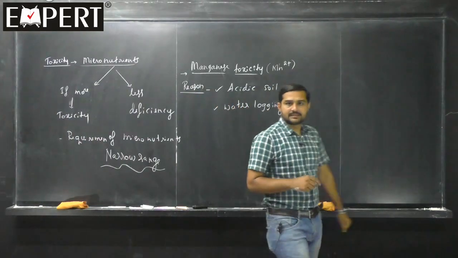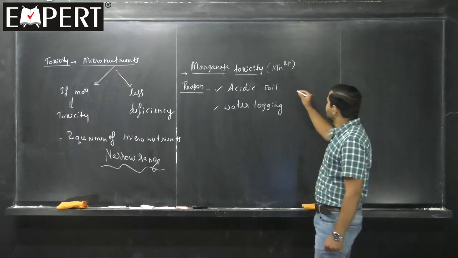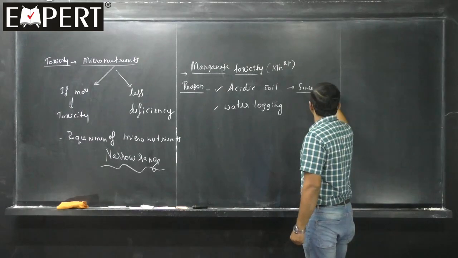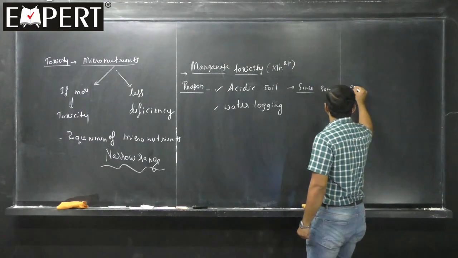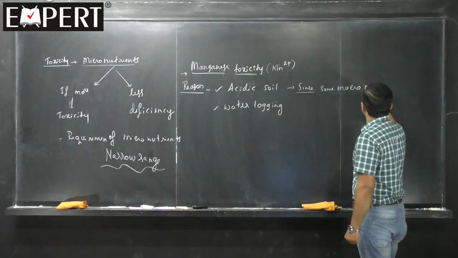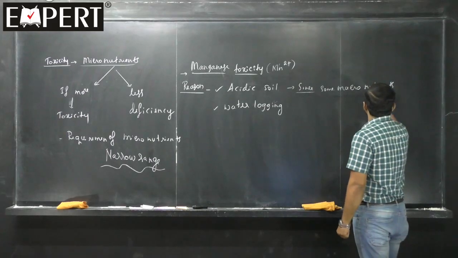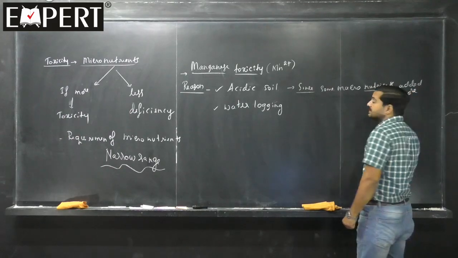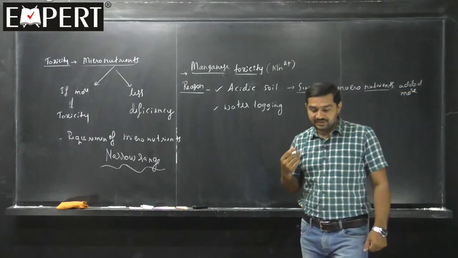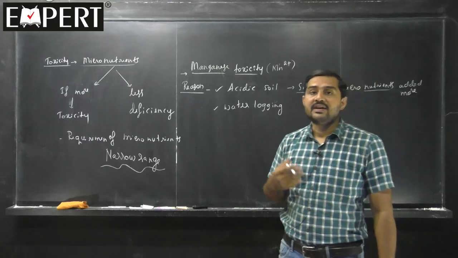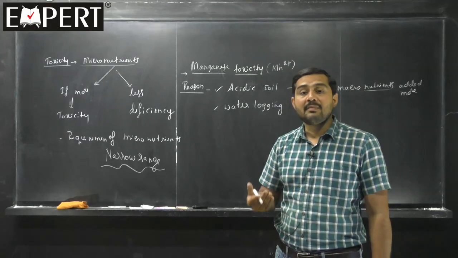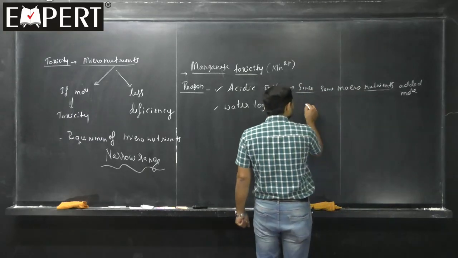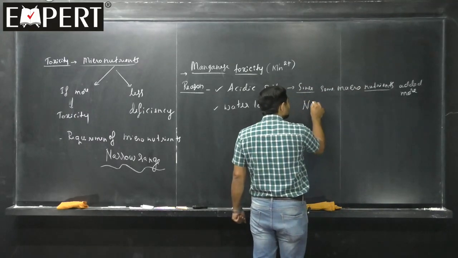First of all, acidic soil. Since some macronutrients are added more, maybe oxides of nitrogen become more in the atmosphere. We call oxides of nitrogen NOx.